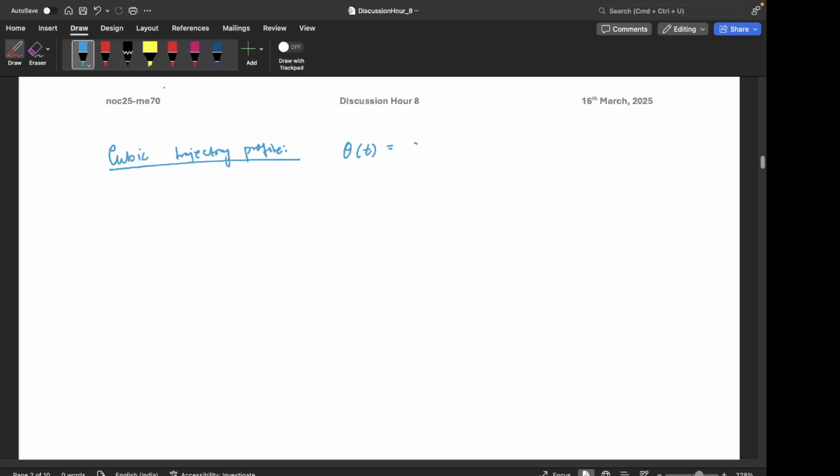I'm writing once again. Let me use the same notation: a0 plus a1 t plus a2 t square plus a3 t cube, with t belonging to t0 to tf.